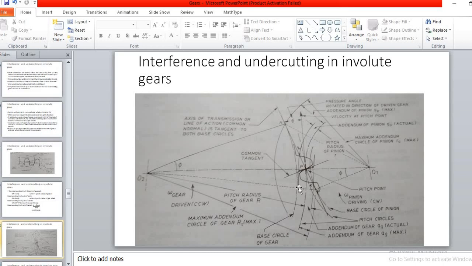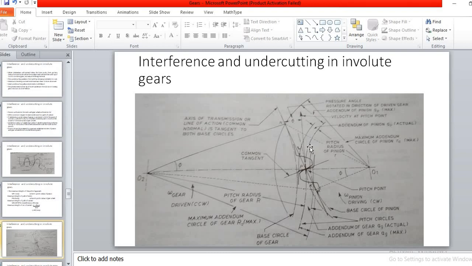Now this tangent is cut at L and K by the addendum circles.